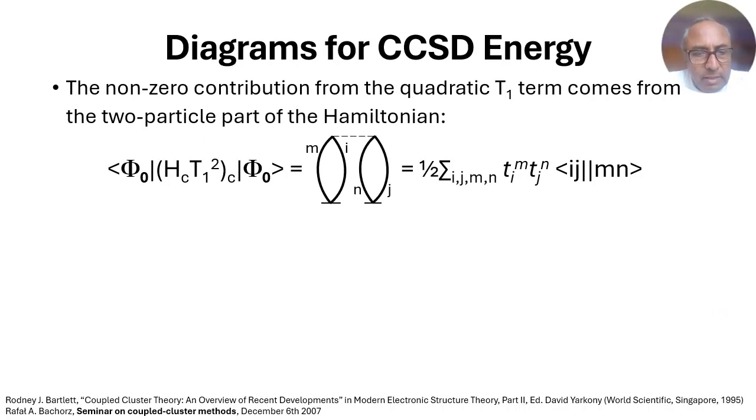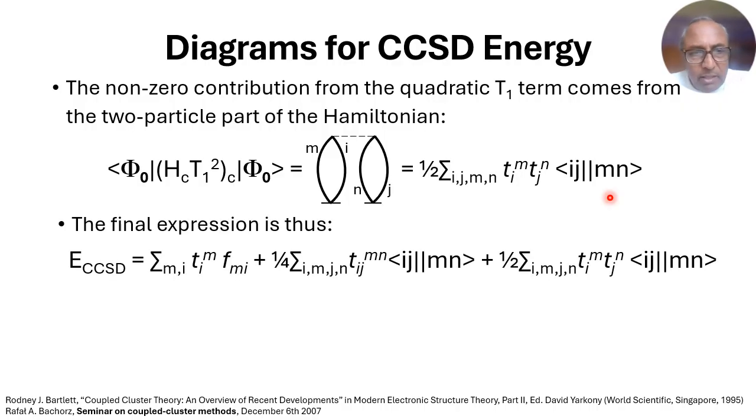We are left with the term quadratic in T1, and the non-zero contribution from that term comes from the two-particle part of the Hamiltonian. Thus, bra phi 0 connected part of HCT1 squared phi 0 ket gives us this diagram, which, using the rules we have enumerated, gives half sigma ijmn Tim Tjn bra ijmn ket.